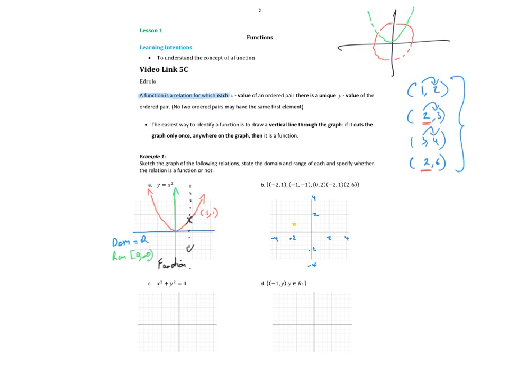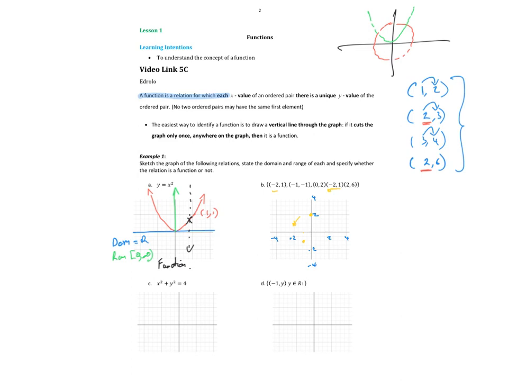The point -1, -1. Oh, sorry, concentrate. -1, -1. The point 0, 2 is up there. The point -2, 1 is identical, so we've got 2 there. And the point 2, 6 is up there.